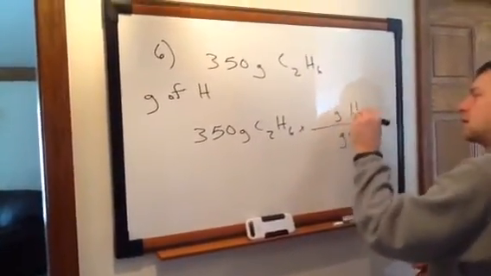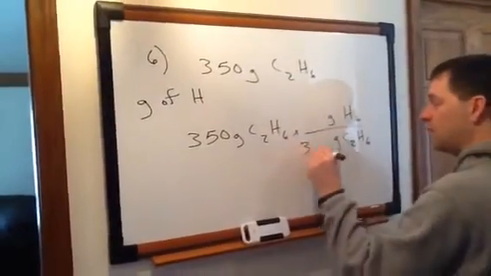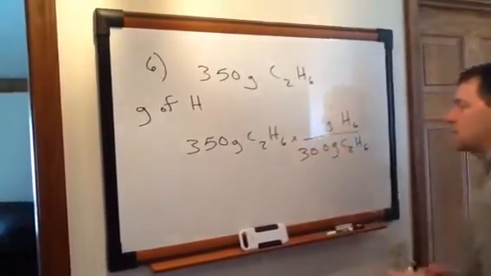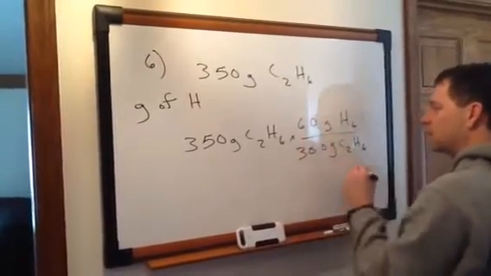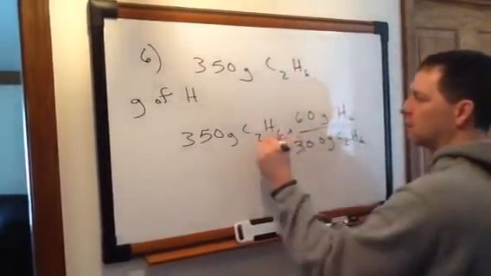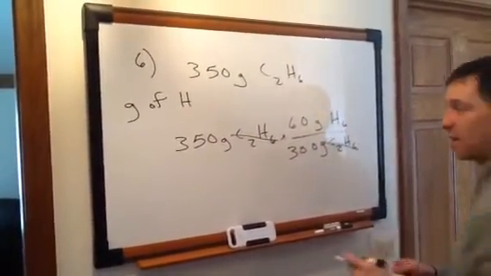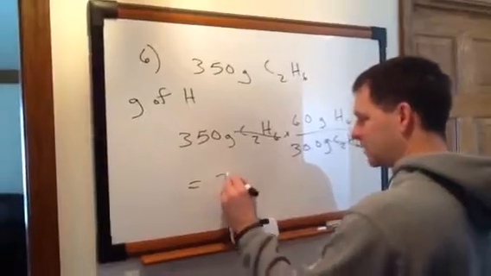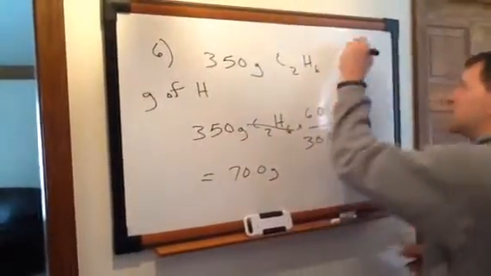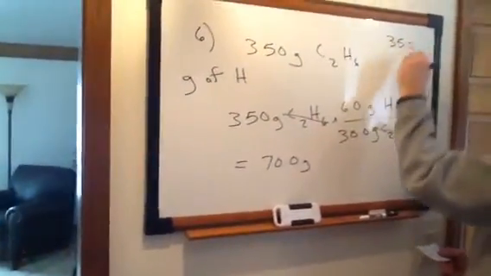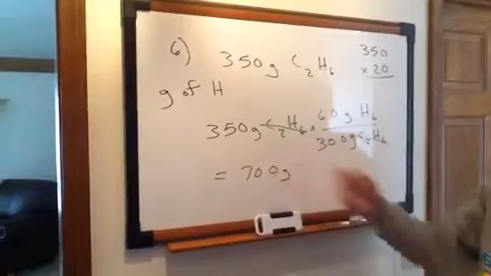Gram of H6 goes on the top. In C2H6 from the last problem, we know that there are 30.0 grams. In H6, there would be 6.0 grams. So 350 times 6 divided by 30 equals 70 grams. We could also, conversely from the previous problem, just have taken 350 times 20%, which is 0.20, and get the same answer.